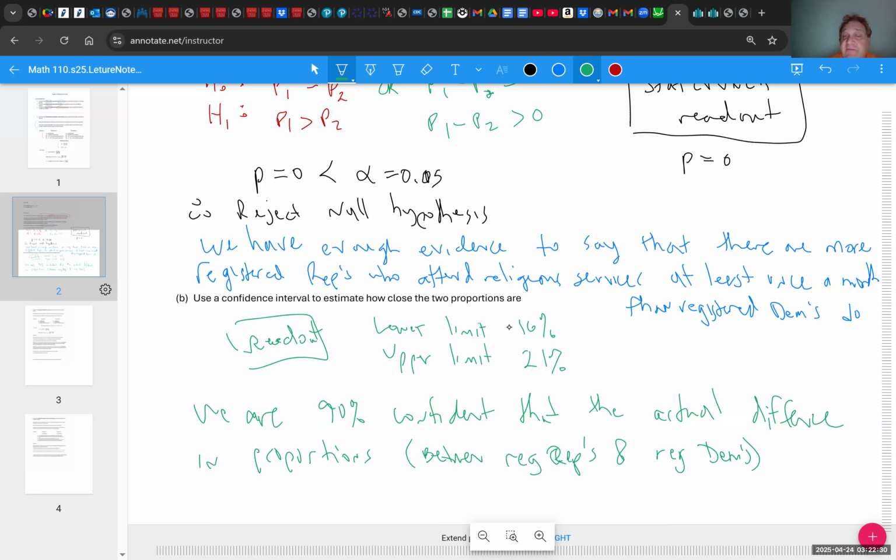So we're 90% confident that the actual difference in proportions between these two populations is between, well, these two numbers, between 16% and 21%.